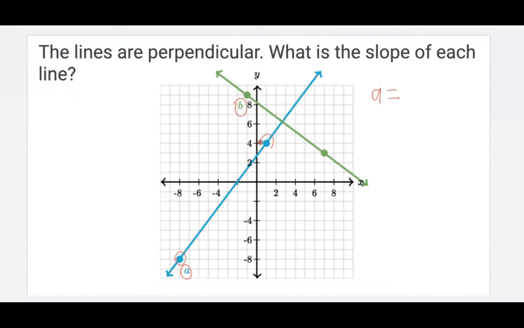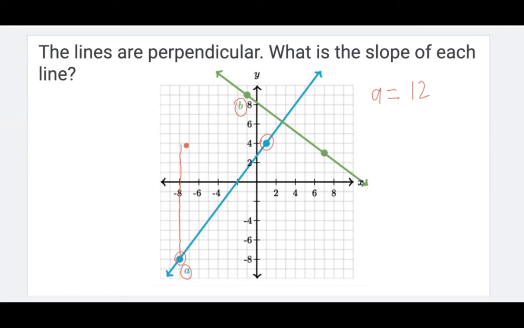We'll first count our vertical change, or our rise. We are counting upwards, so we know the slope is positive. Count 1, 2, 3, 4, 5, 6, 7, 8, 9, 10, 11, 12 units up.